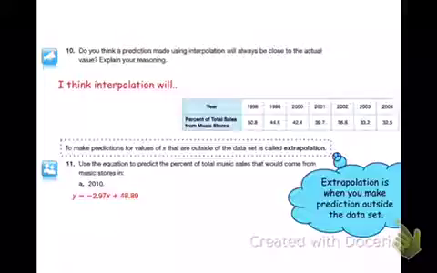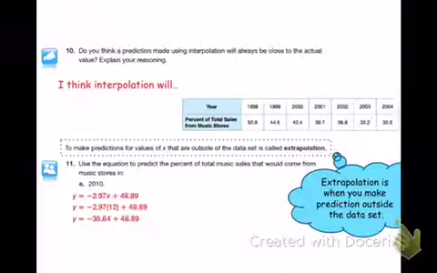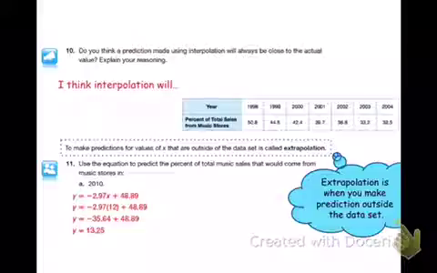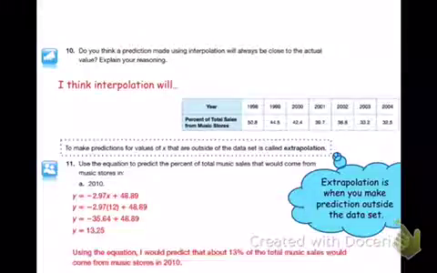So let's go ahead and plug in x equal to 12, multiply negative 2.97 times 12, and then combine it with 48.89. So the prediction is 13.25, and it's in percents. So here's my sentence of what I'm going to go with the situation. So using the equation, I would predict that about 13%, rounding that 13.25, of the total music sales would come from music stores in the year 2010.